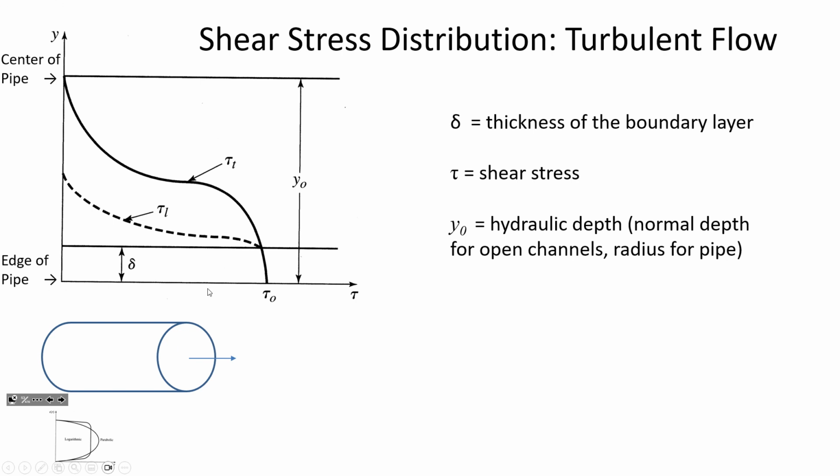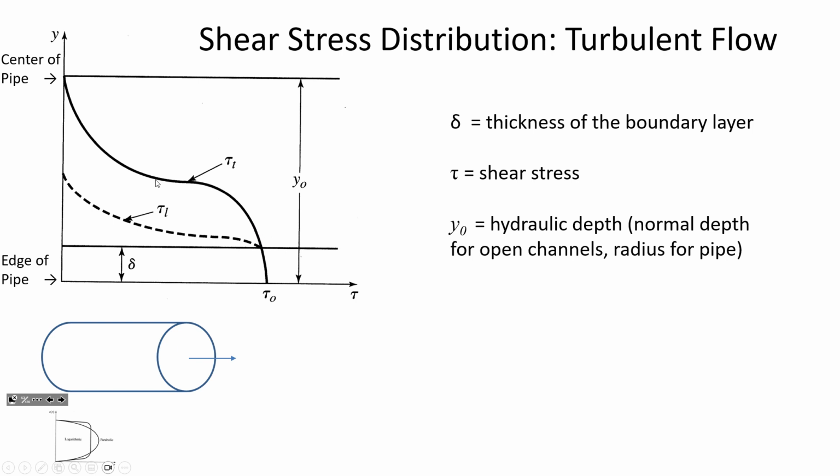So that's what this is showing in the x direction, is the intensity of the shear stress. So this would be 0 shear stress on the figure, and this is the shear stress at the edge of the pipe boundary, so maximum shear stress here. And as you get further away from the edge of the pipe and closer to the center of the pipe, this is showing that the shear stress is decreasing.